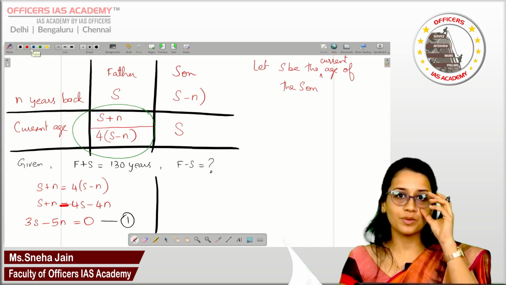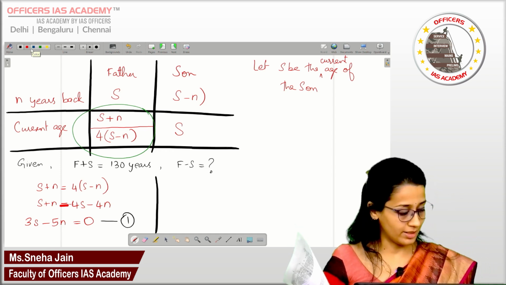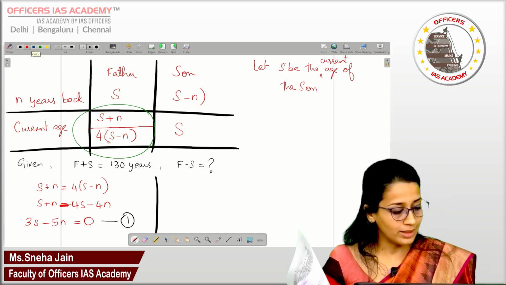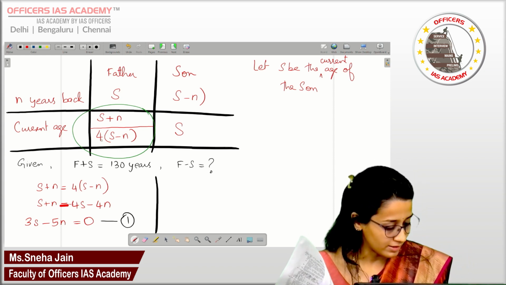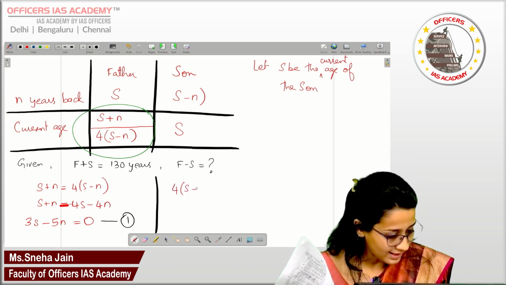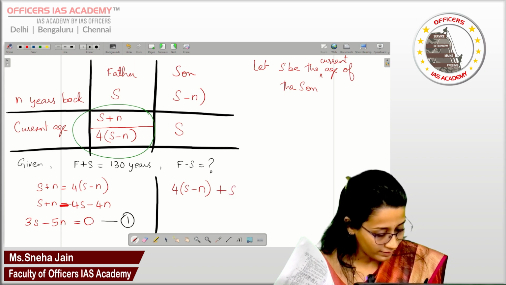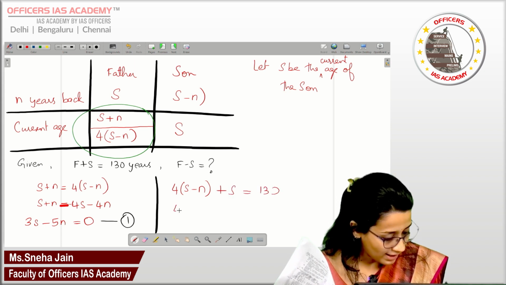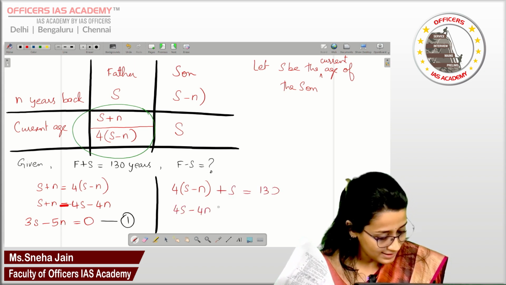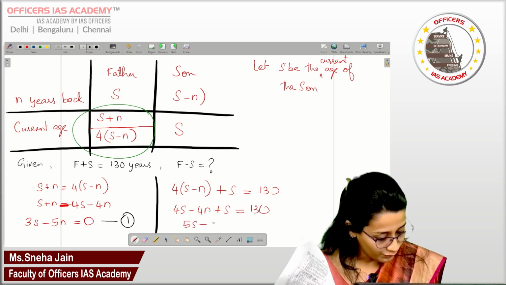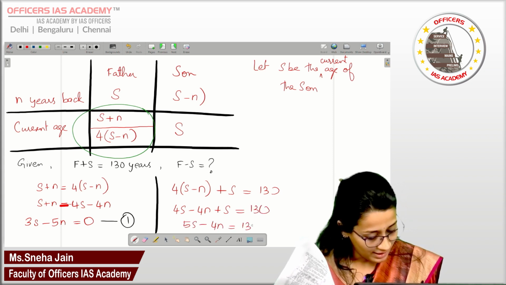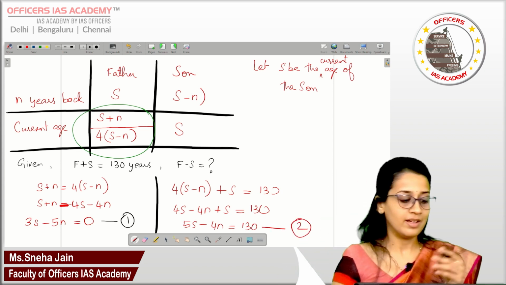So now we'll go to the second equation. Okay. So here we know that F plus S is 130 years and F can be written as 4 into S minus n, plus S is 130. So that is 4S minus 4n plus S is equal to 130, which is 5S minus 4n is equal to 130, and this is the second equation.